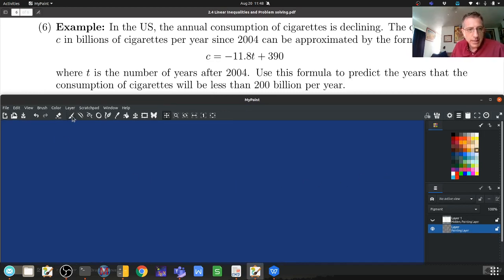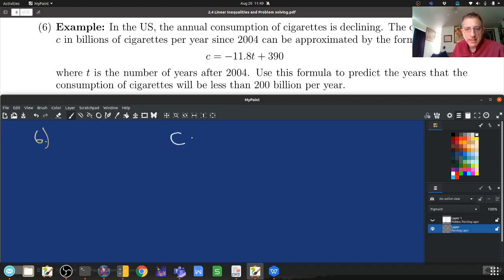So this is example number 6. In the U.S., the annual consumption of cigarettes is declining. So that means it's going down in number. The consumption C in billions of cigarettes per year since 2004 can be approximated by the formula.